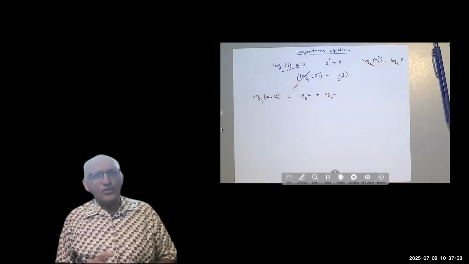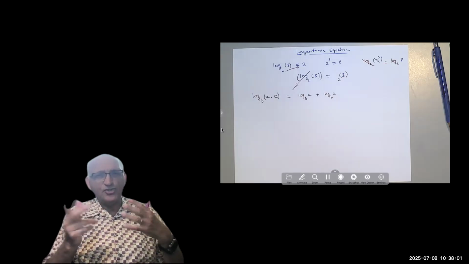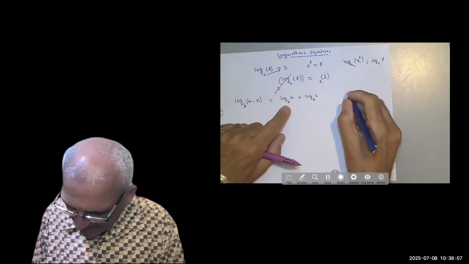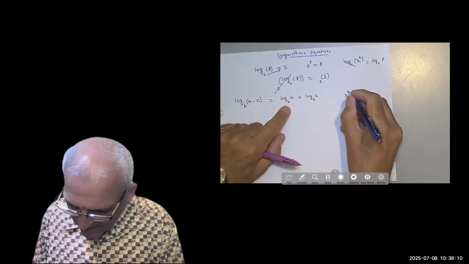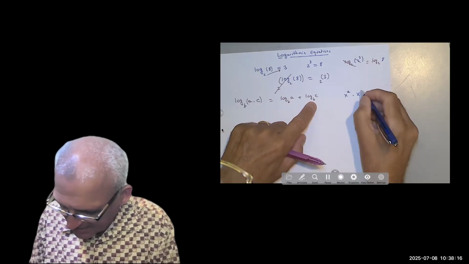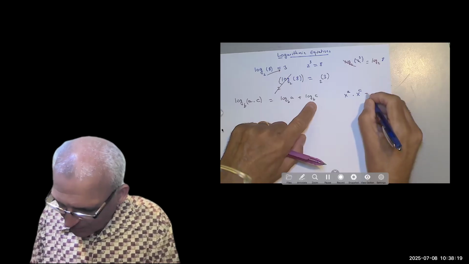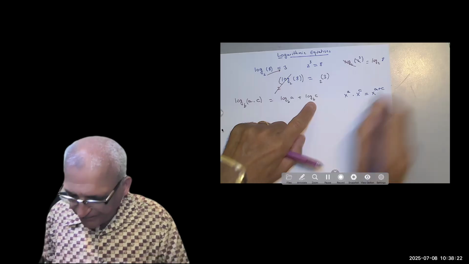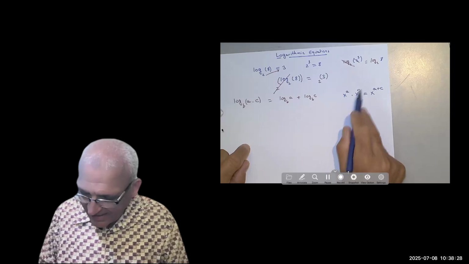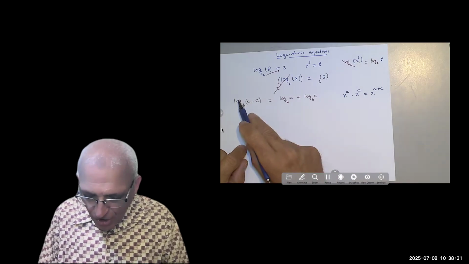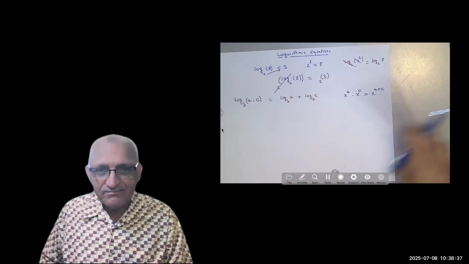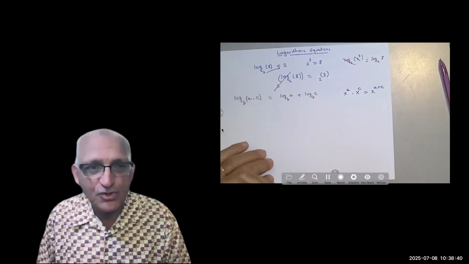Huh, that's almost opposite to what we did prior to that, when x to the power of a times x to the power of c equals x to the power of a plus c. Notice that there I was multiplying x to the something and I added the exponents. Here I'm taking the log of two things multiplied. So it's basically the inverse of what I was doing there.